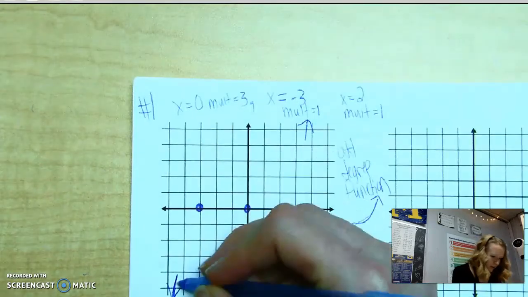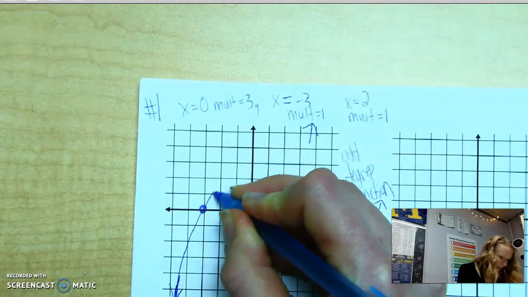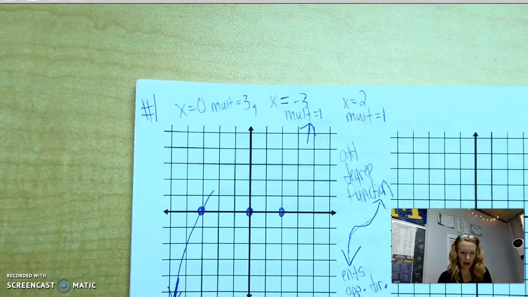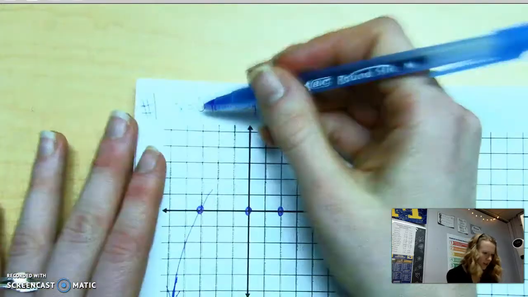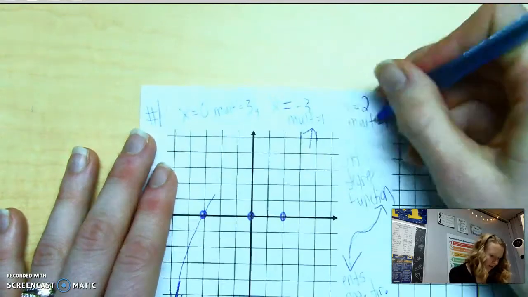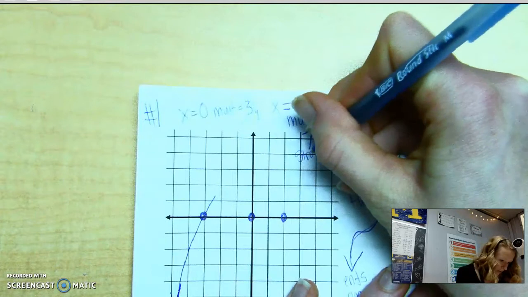And think about this for a second. We said if we have a multiplicity of 1, it's just going to go straight through that x-intercept, right? And then we have x is equal to 0, and it has a multiplicity of 3, right? So remember, multiplicity of 1 is straight through.